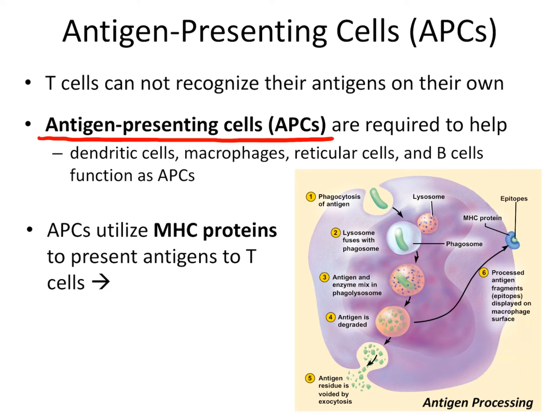Ultimately, the way this works is that our antigen presenting cell, or APC, is going to engulf an antigen either by phagocytosis or endocytosis. Similar to the normal process of phagocytosis, that antigen or foreign debris is going to be broken down enzymatically.